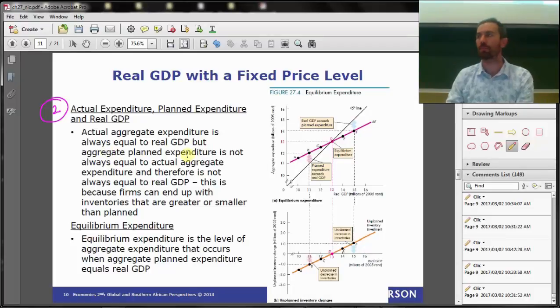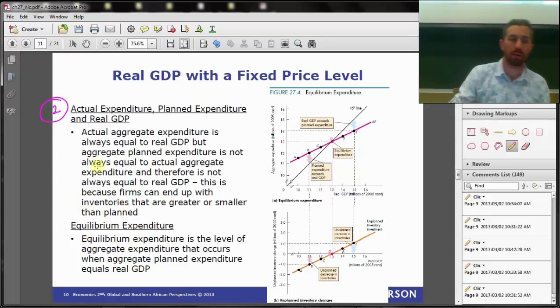Okay? Therefore, aggregate planned expenditure is not always equal to real GDP. Why? Because what ends up happening is firms have unplanned changes in inventory. We're going to explain what that means in a moment. So this is unplanned.